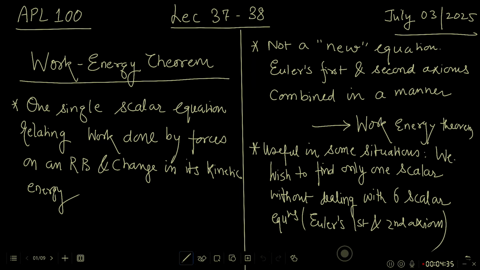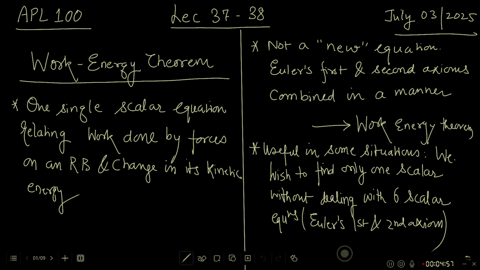Sometimes you also do not have to worry about some of the forces that might be acting on the RB. If you are using Euler's first and second axioms, you will have to take into account all the external forces that are acting.